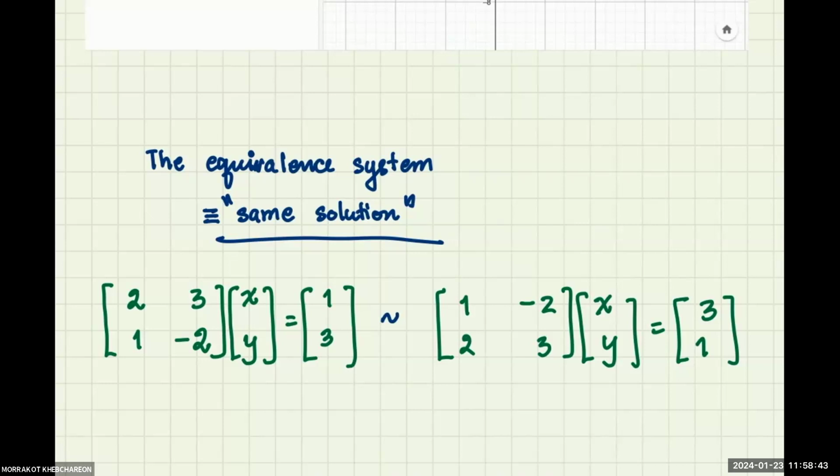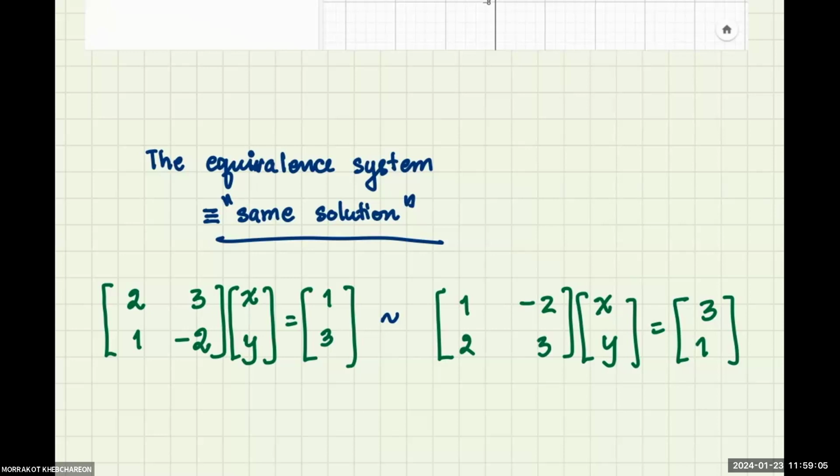Some books use three equal signs, okay? It depends. So I think I would use only one. Mathematicians are lazy people. We just don't want to write a lot of things, okay?